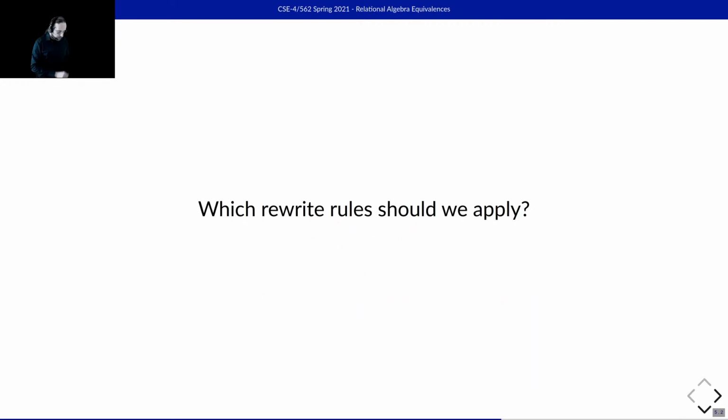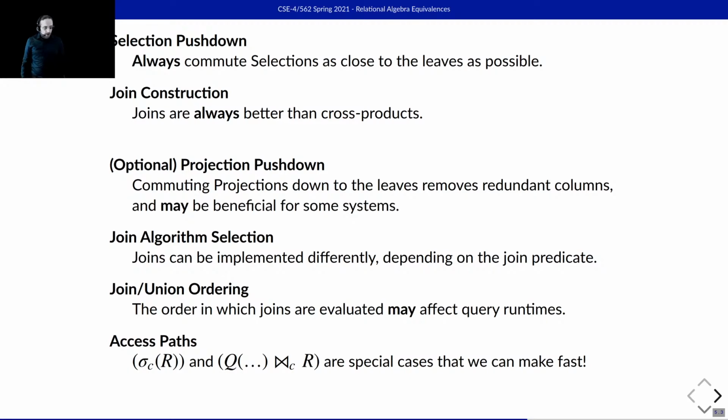That's still a little bit abstract, so let's go into it a little more deeply. So the first question is, I've given you a bunch of rewrite rules, and many of those rules are bidirectional. I can apply them going from left to right or right to left. So which of those are actually relevant?